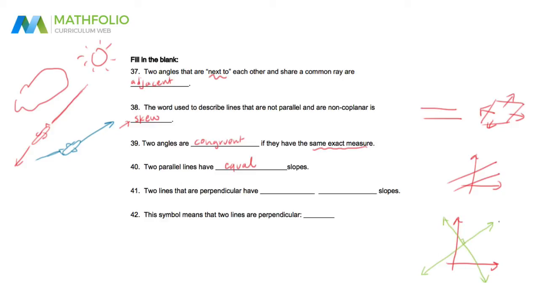As you can see, if one has a positive slope, the other one has a negative. And this here is 90 degrees. So two lines that are perpendicular have, if this slope is, let's say, 5, then this one here would be -1/5.